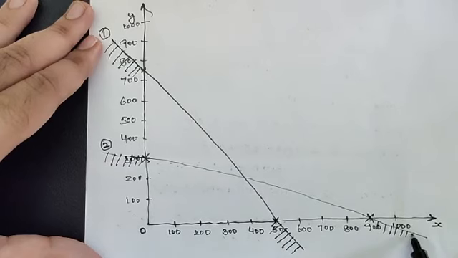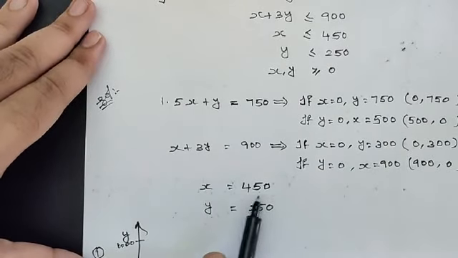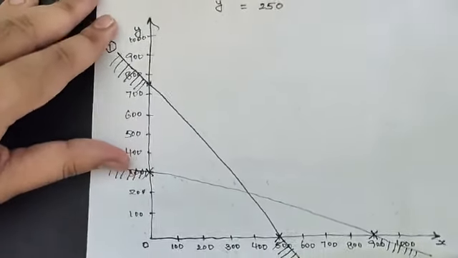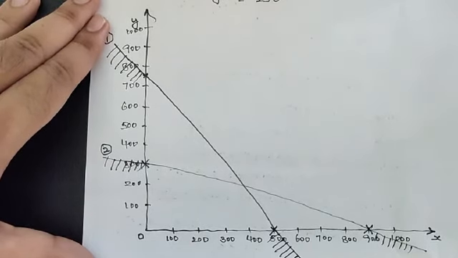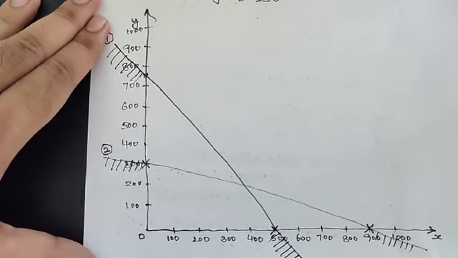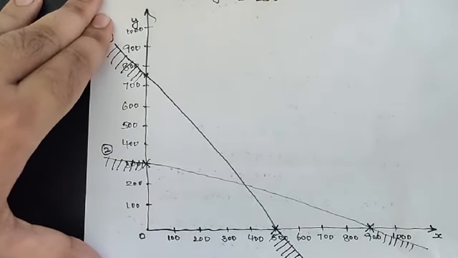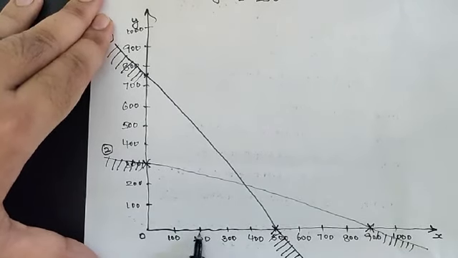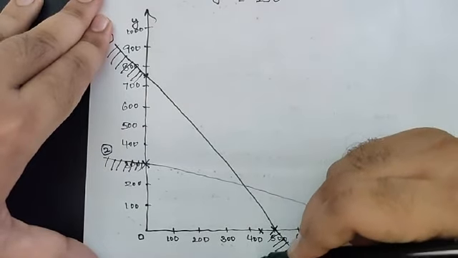Right. Next, what is the third one? x is equal to 450. So for any value of y, the value of x is equal to 450. So x is equal to 450 means, with x values 0, 100, 200, 300, 400, and 450 means here. This is the point. So now draw a vertical line here.